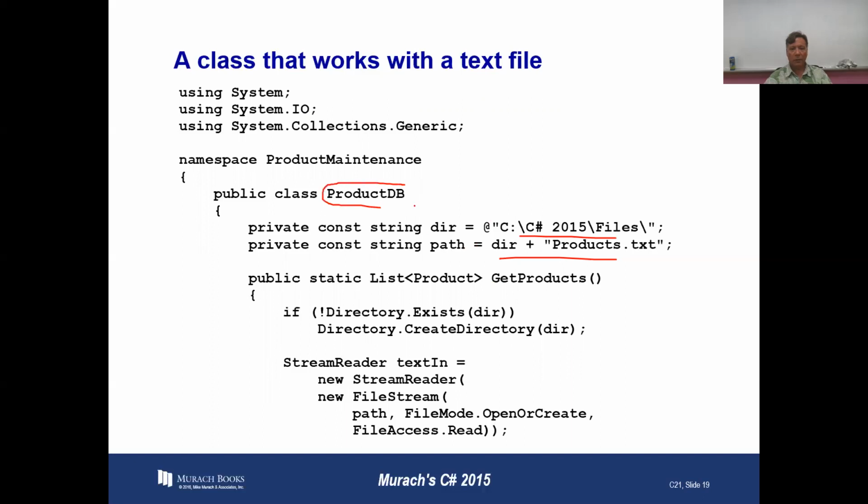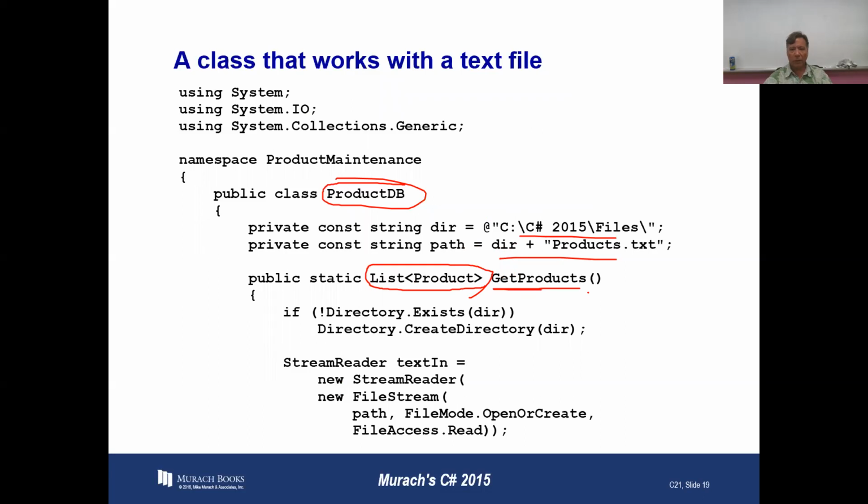It's called ProductDB, and this is a method. This method is called getProducts. GetProducts is a method, and this method returns a list of products.